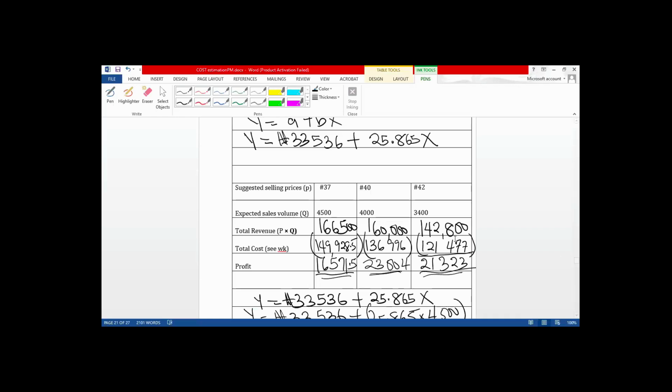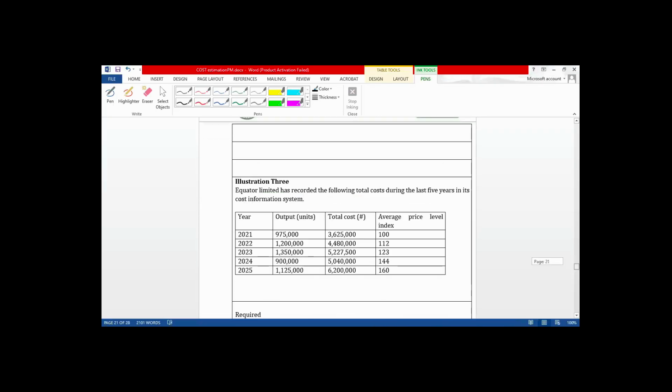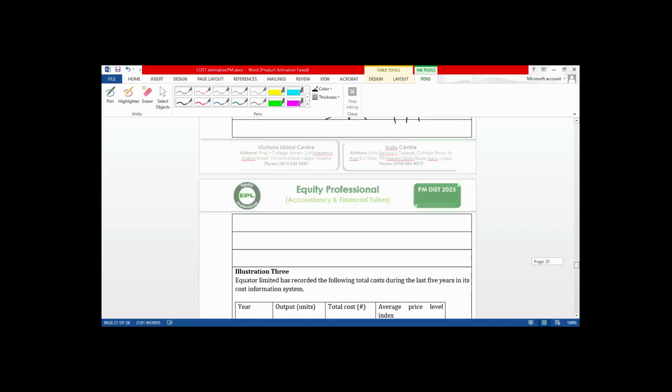Optimum selling price is that price that maximizes the company's profit, that price that gives the company the highest profit. Is that clear, please?